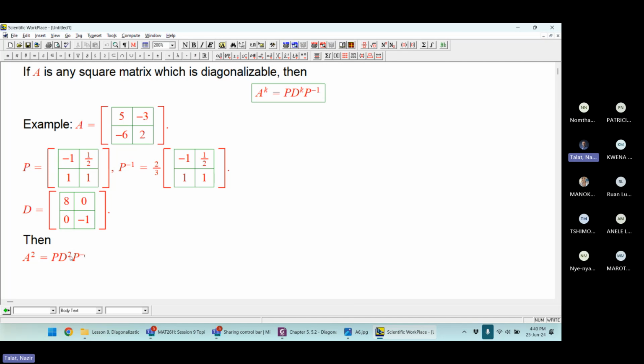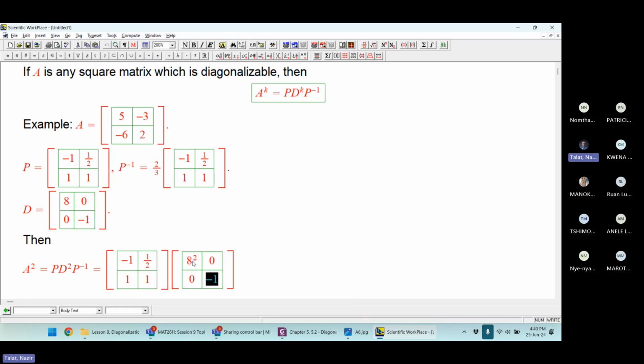We know that the value of P is available over here, so just put the matrix P multiplied with the matrix D, which contains the diagonal entries, in the place of D square. D square, we know how to find it: just take the square of its diagonal entries.